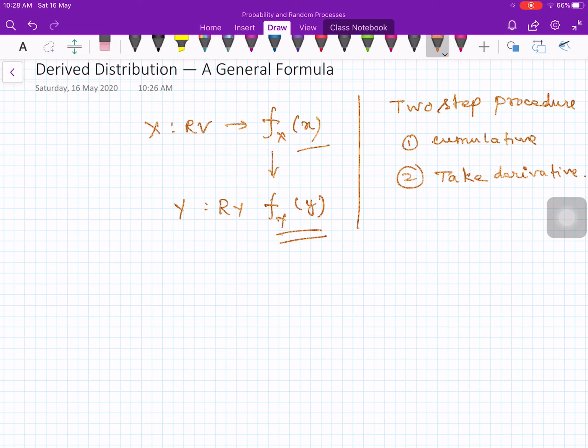This case is also interesting because it gives us some insight about how one density changes to a different density and what affects the shape of those densities, which we'll see now. The case where things are easy is when the transformation from one random variable to the other is strictly monotonic.